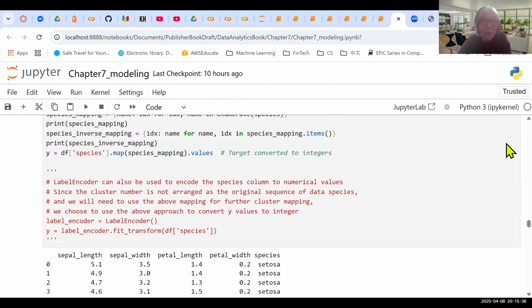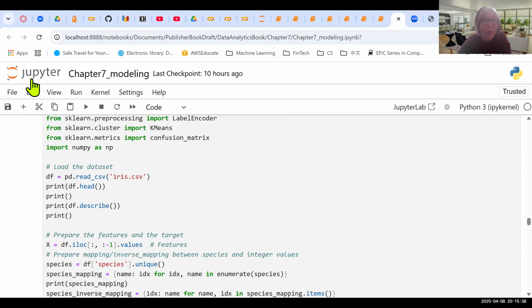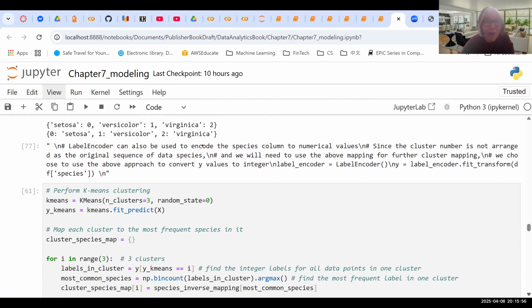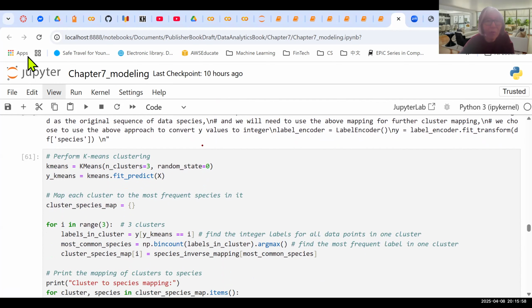Okay, and over here, we collect the independent variables, the features from the four columns. And after you have the X values, you see it's pretty straightforward.